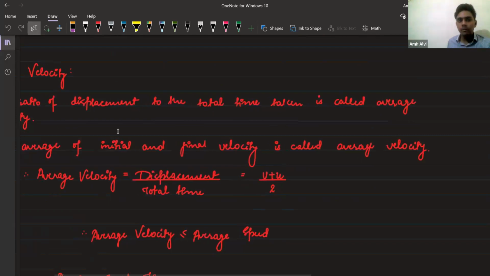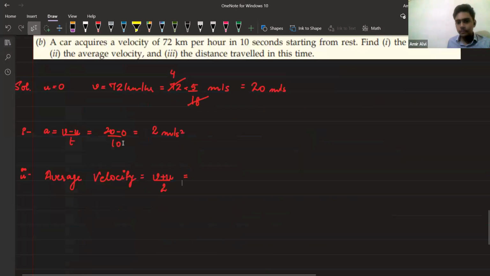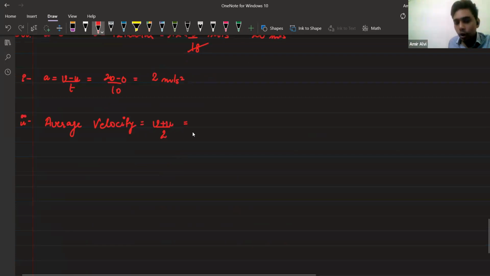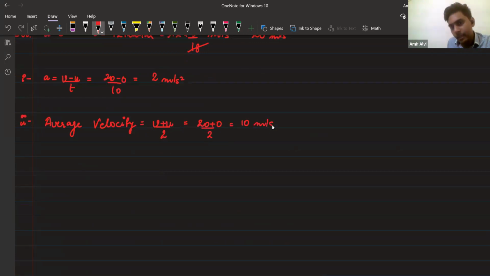Do you remember, children? Okay, so final velocity is 20, initial velocity is 0, divided by 2. So it is coming out to be 10 meter per second. Clear, Sarah Baig, Farhan and Ayan? Is this clear so far? Yes, sir.